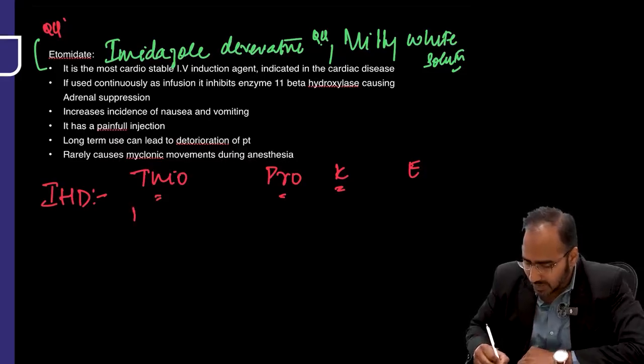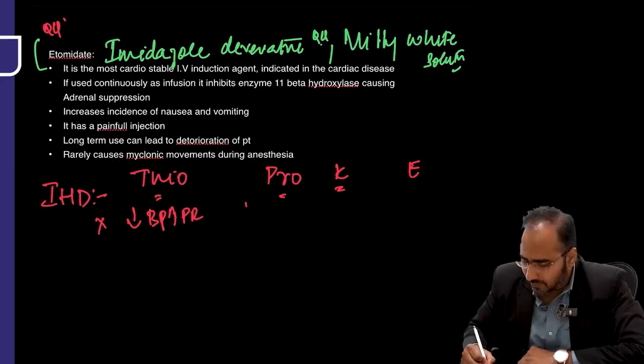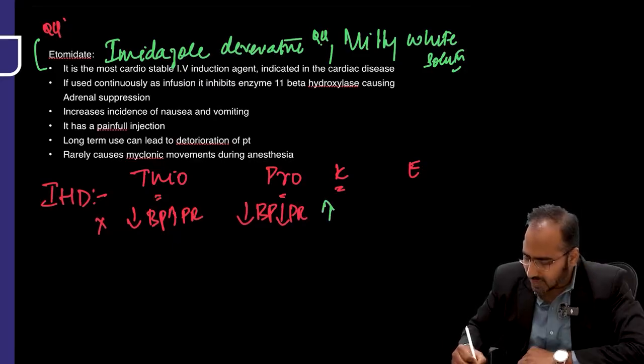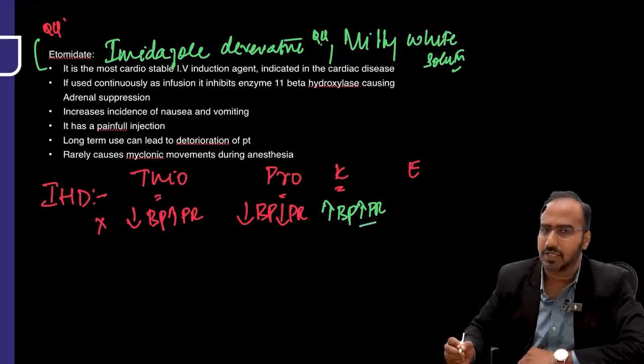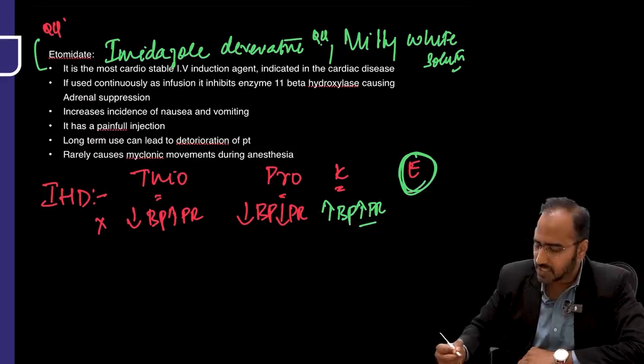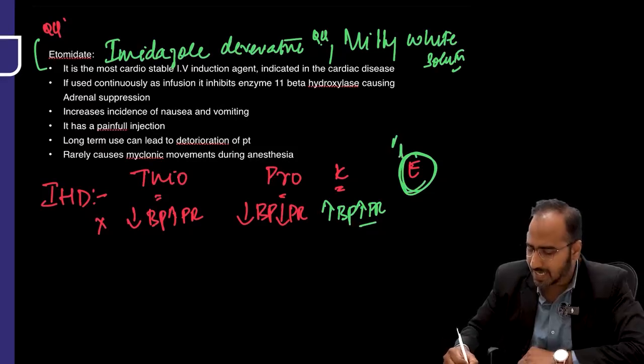Sir, thiopentone decreases the BP, increases the pulse rate, hence not used. Propofol decreases the BP, decreases the pulse rate, hence not used. Ketamine increases the BP, increases the pulse rate, hence not used. Etomidate is the IV induction agent of choice for ischemic heart disease or coronary artery disease.